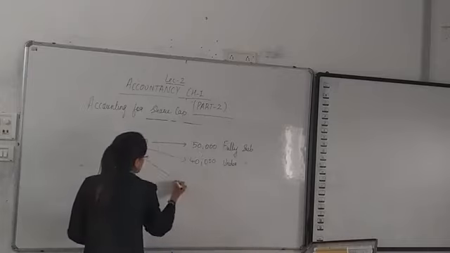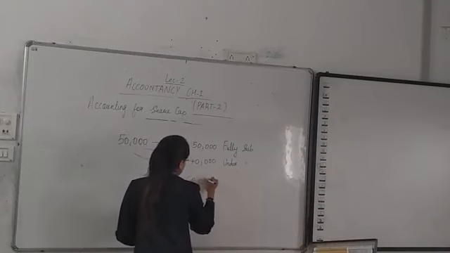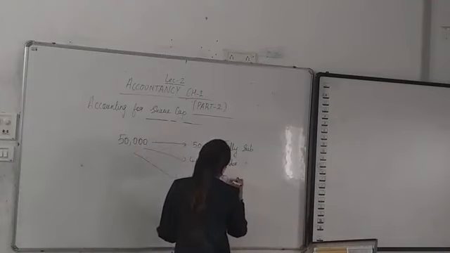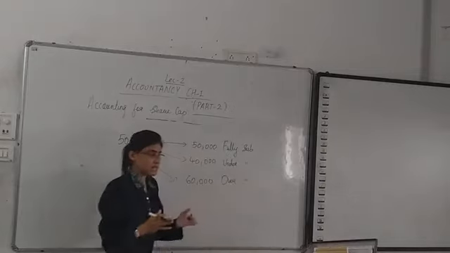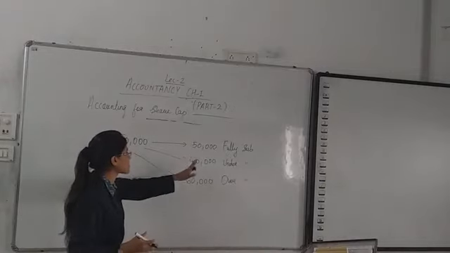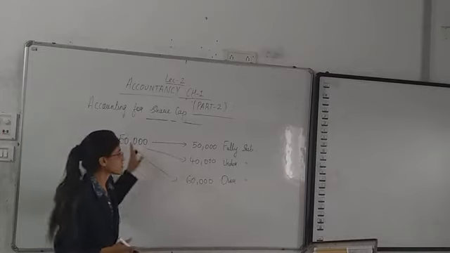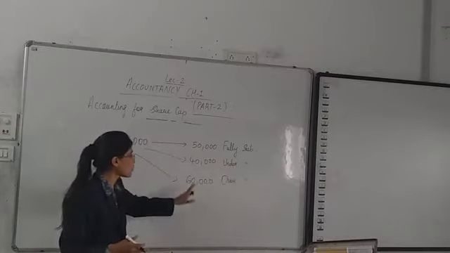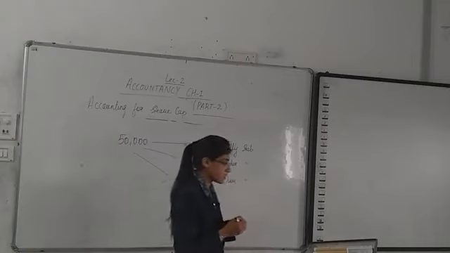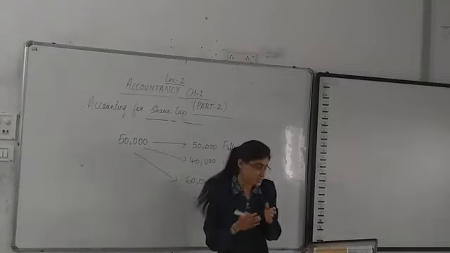If the applications are received for 60,000, it is oversubscription. Simply, when fewer shares are applied for, it is undersubscription. If it is more, it is oversubscription. The definition is even given in your textbook.